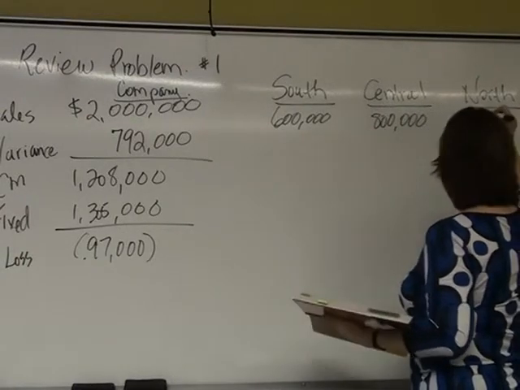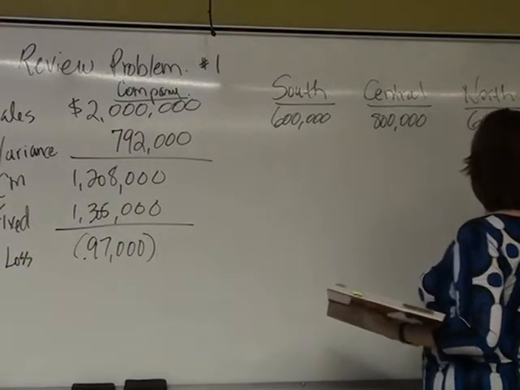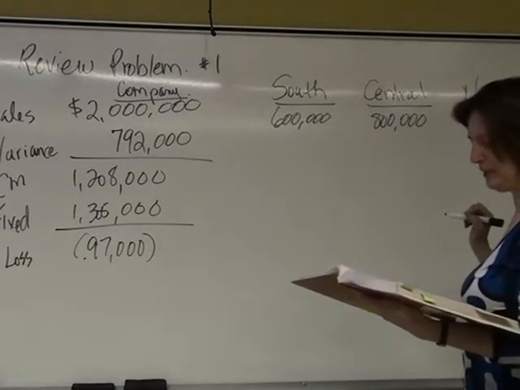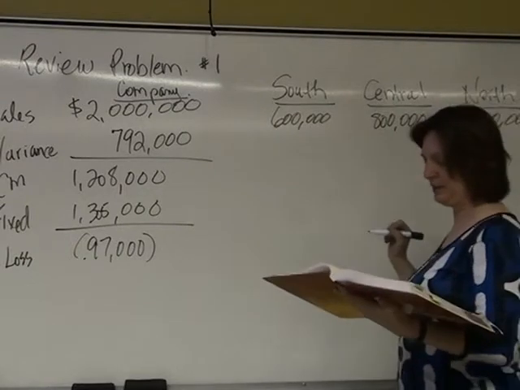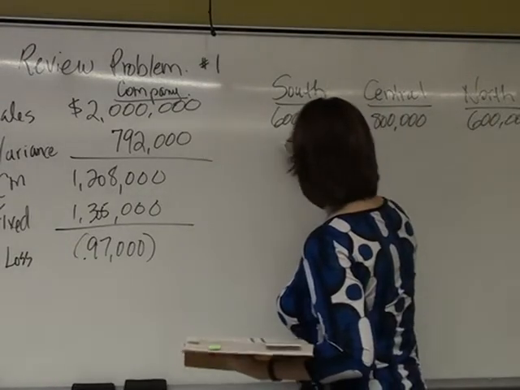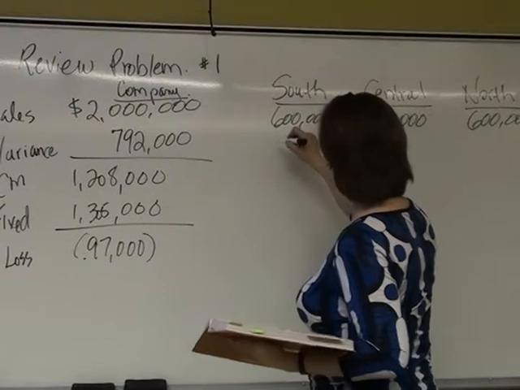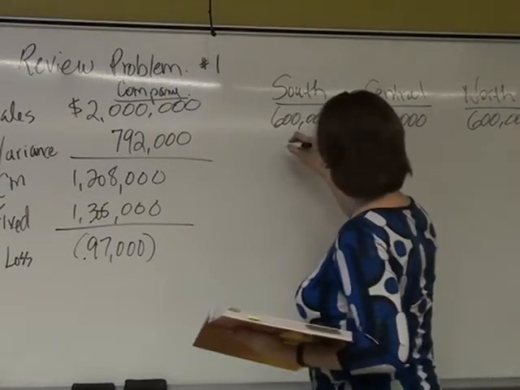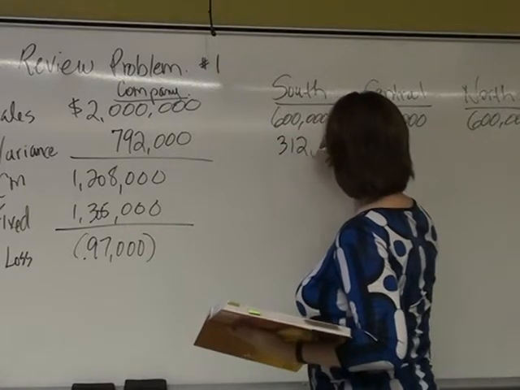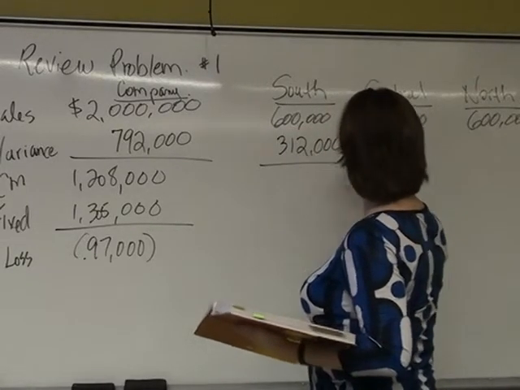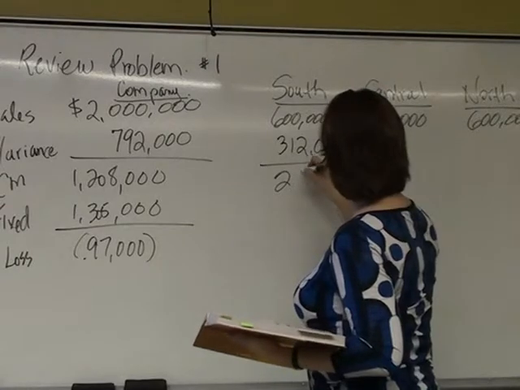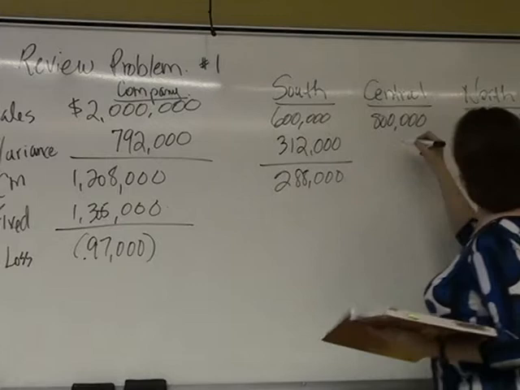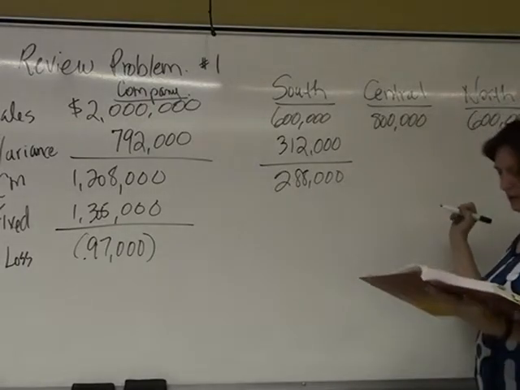and 600. Okay. Now my variable expenses, they've given me percentages. So what's 52% of 600,000? Somebody have a calculator? 312? Yeah. Okay. Which means this is 288. That's my contribution margin. And then what is 30%?